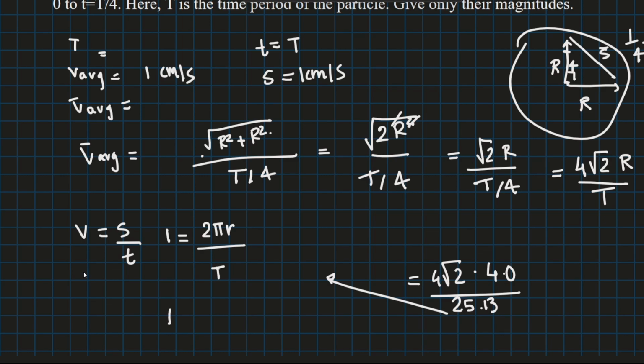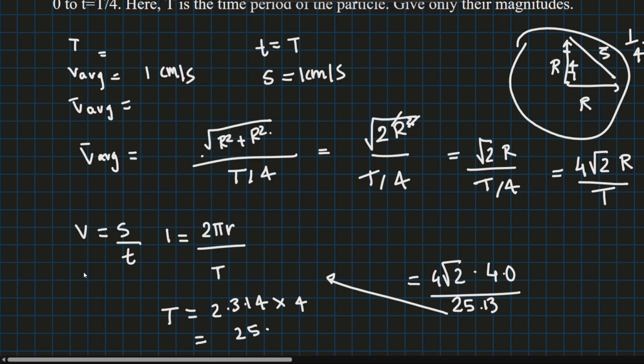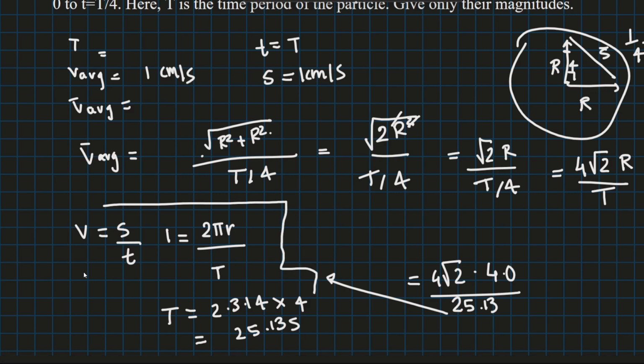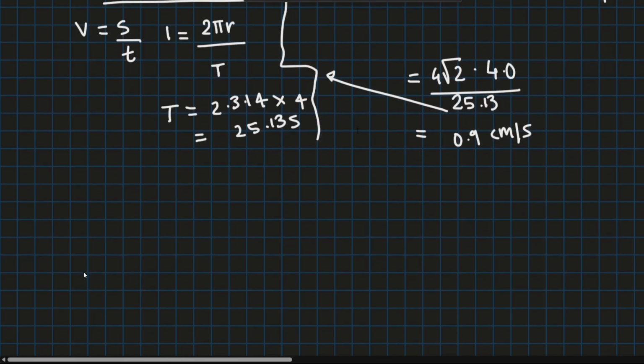So if we transfer, t is equal to 2 into 3.14 into r, that is 4, we would get the value of time as 25.13 seconds. This is how we got the value of time. So by computing all of this, we would get an answer of 0.9 centimeters per second. This is the value of average velocity.